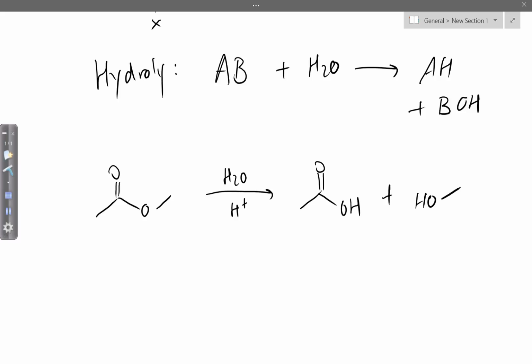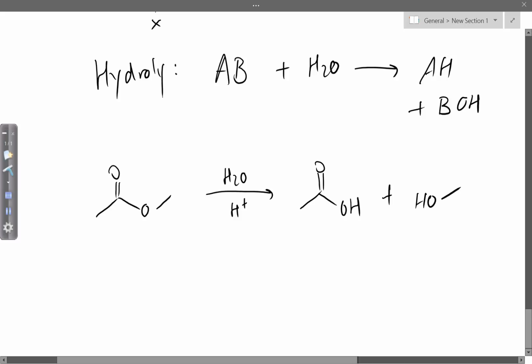Next is your condensation. The condensation is actually just the reverse of your hydrolysis, right? This is just two molecules coming together to form a bigger molecule with the elimination of a small molecule such as H2O or HCl. So it's just the reverse of this, whereby your AH plus BOH combine to form your AB plus H2O. It can be H2O or HCl or some small molecules.